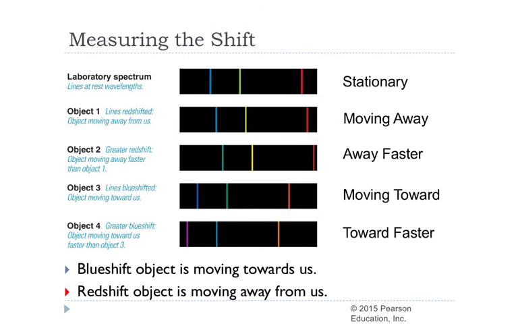And if they're all shifted over towards the red, we say that an object is moving away. If it's shifted further to the red, then we know it's moving away at a faster rate. Likewise, if they're shifted over towards the blue, we call that a blue shift. And the further the blue shift, the faster it's moving.